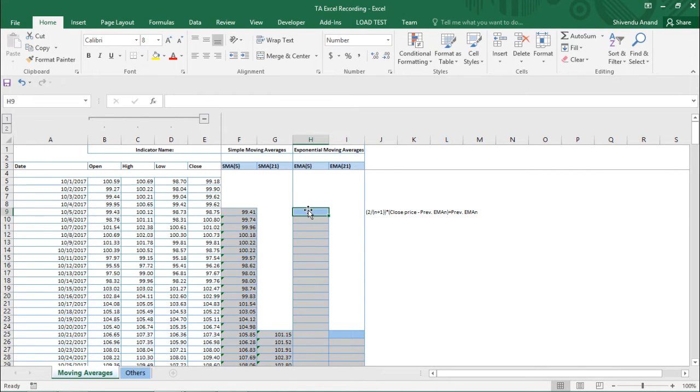Now this is the formula we will be using for the calculation of our exponential moving average. So here we know, since we are taking exponential moving average for n period, n is 5 days here, so it should be 2 divided by 5 plus 1, that is 2 divided by 6.